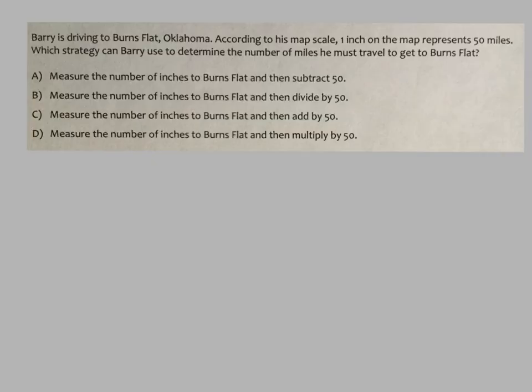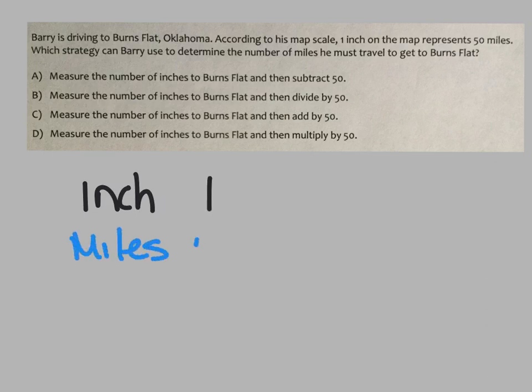Barry is driving to Burns Flat, Oklahoma. According to his map scale, 1 inch on the map represents 50 miles. Which strategy can Barry use to determine the number of miles he must travel to get to Burns Flat? Well, if 1 inch is 50 miles, what would 2 inches be?